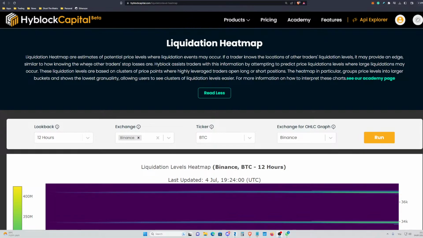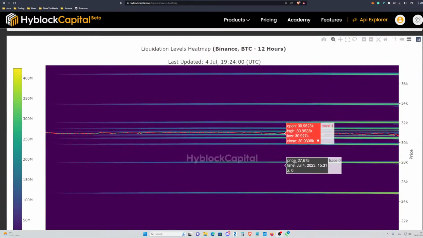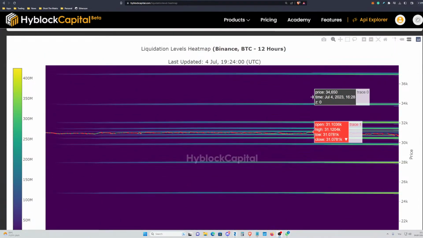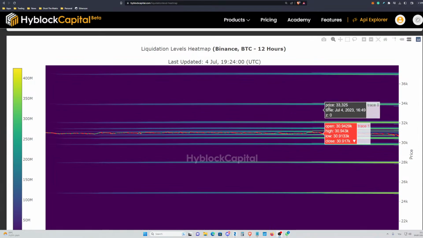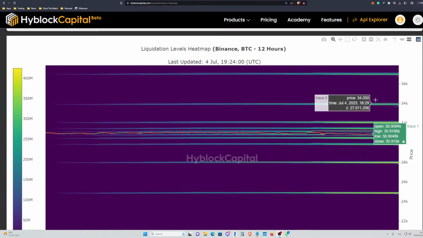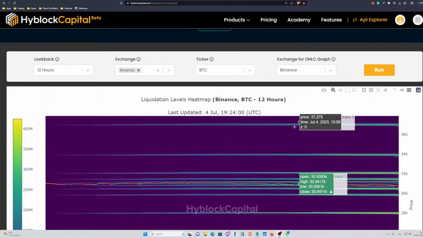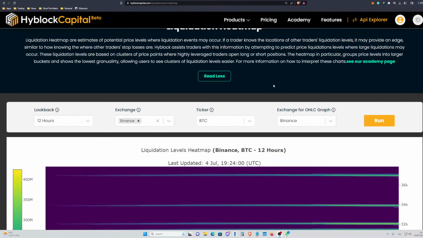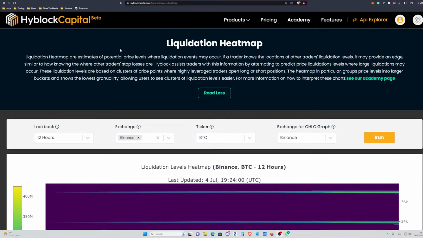We will discuss this as the tutorial continues. And really, in this tutorial, we will absolutely learn how to exploit these charts and how we can actually profit from it. So let's start with reading what this liquidation heat map is all about.